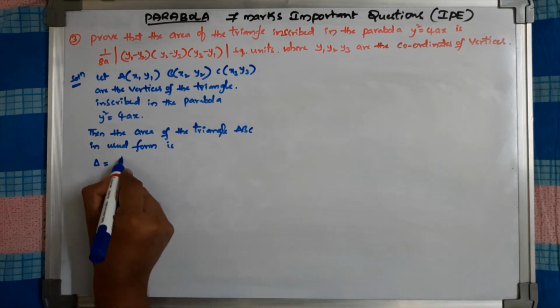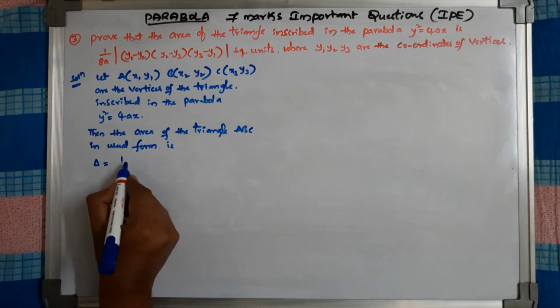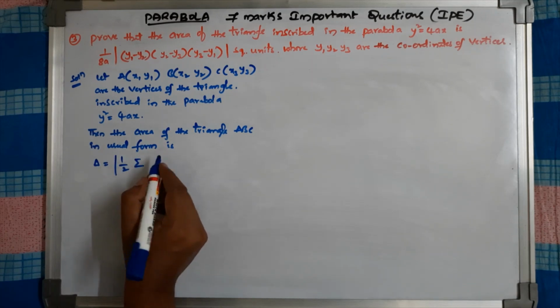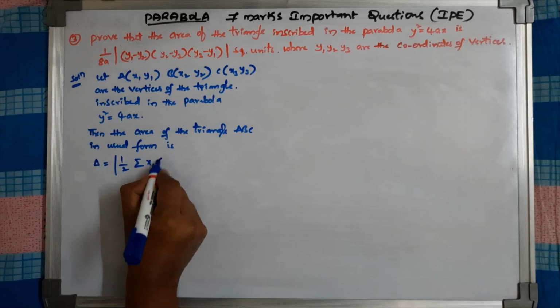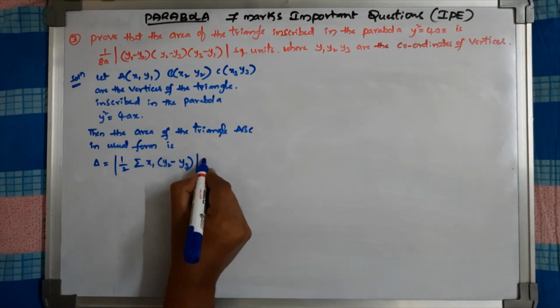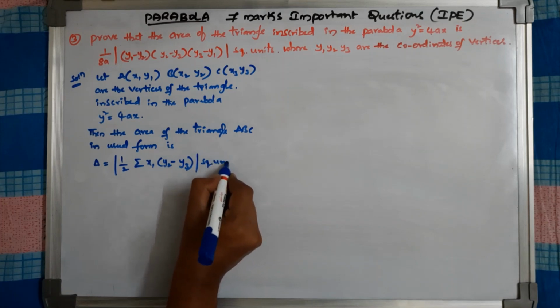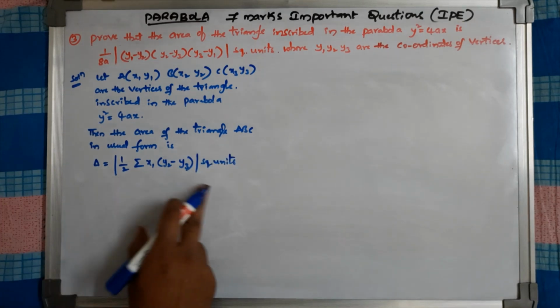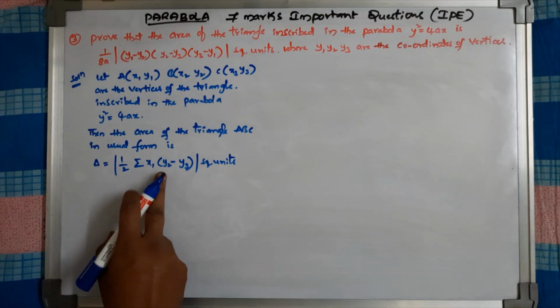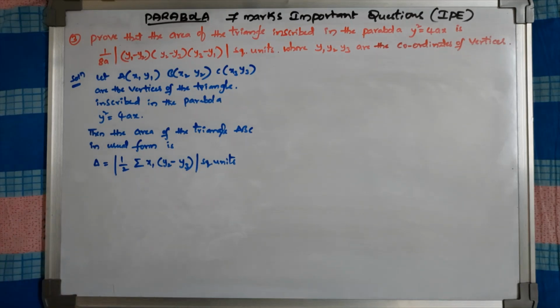Delta is equals to modulus 1 by 2 sigma x1 into y2 minus y3 square units. This is the area of the triangle in the usual form, in the normal form.